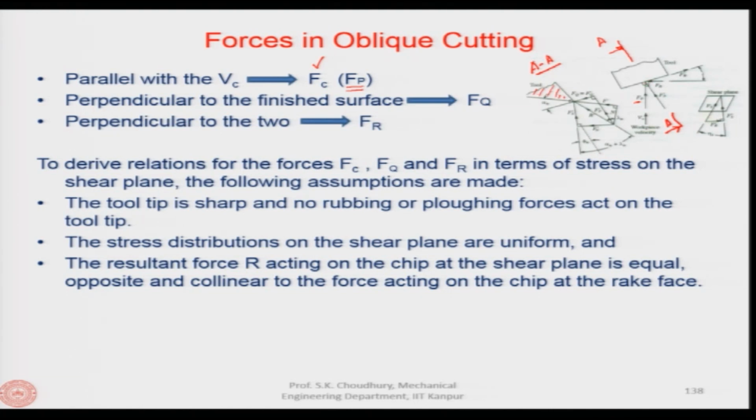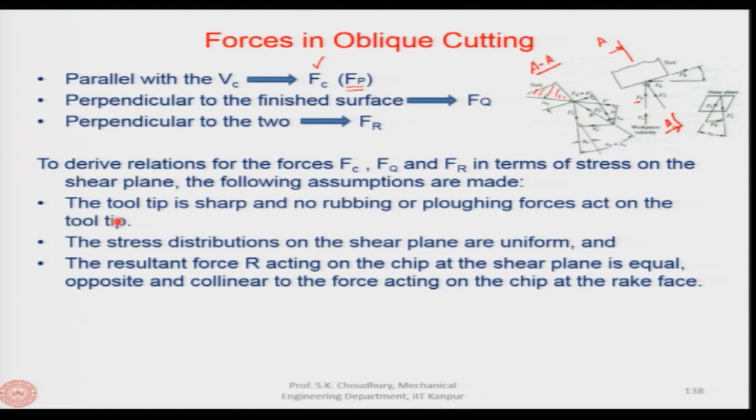Now, to derive relations for the forces Fc, Fq and Fr in terms of stress on the shear plane, the following assumptions are made. First, the tool tip is sharp, and no rubbing or ploughing forces act on the tool tip.